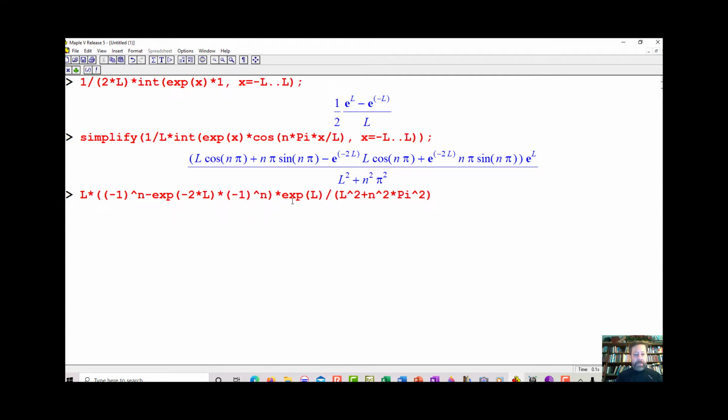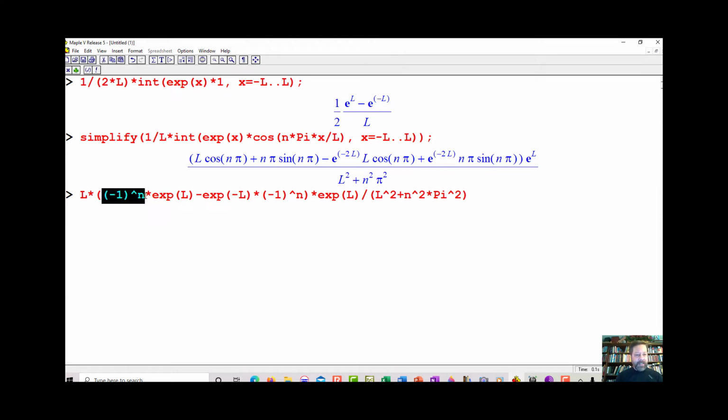And if we distribute the e to the L, we'll have e to the L here, and only e to the minus L here, since we add the exponents.